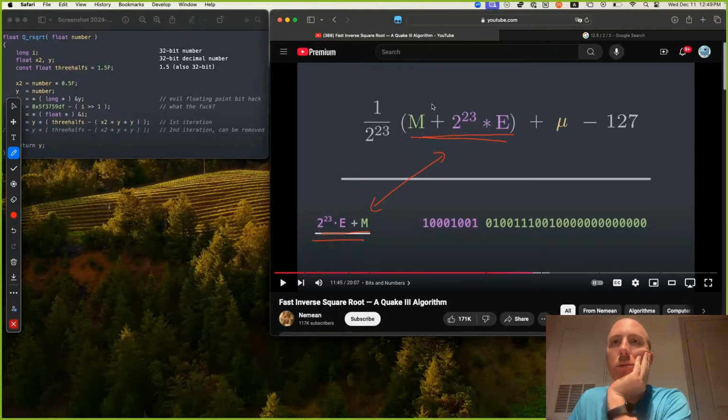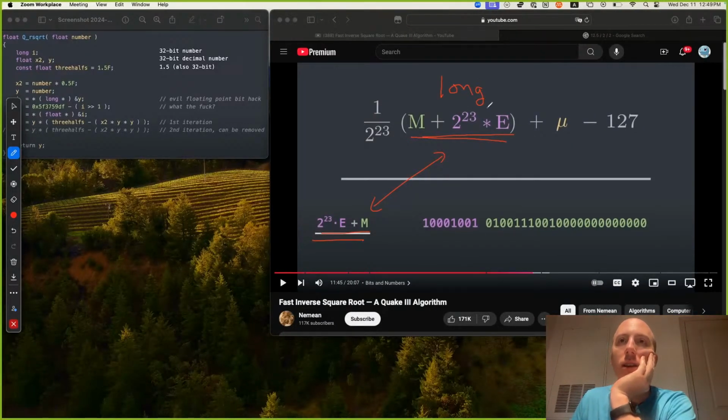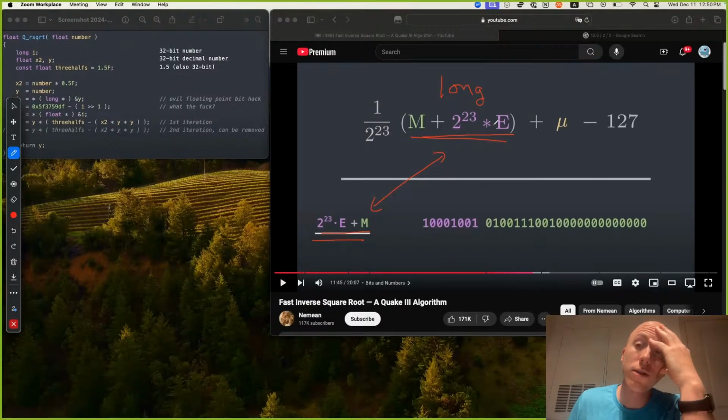So this is the number that we start with, the long. This is how we're currently encoding the long. We started with the actual value of that number, what number it represents, and then we took the log of it, and we got this expression.